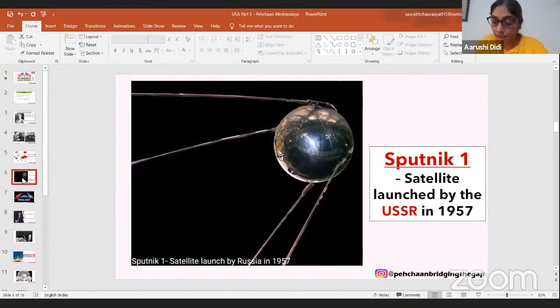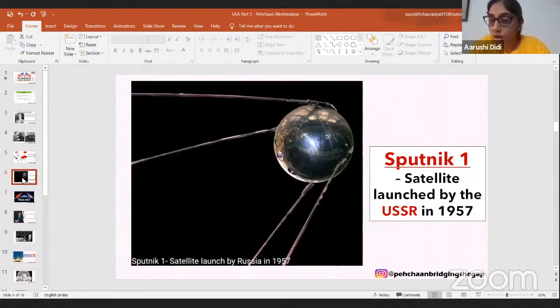So one fine day, USSR sent a satellite known as Sputnik 1 in 1957. USSR thus became the first country ever to send something into space. Now I told you USSR and USA were fighting with each other. They were in Cold War.